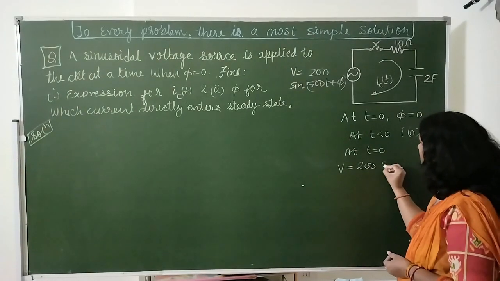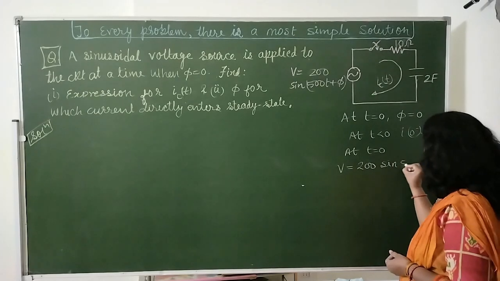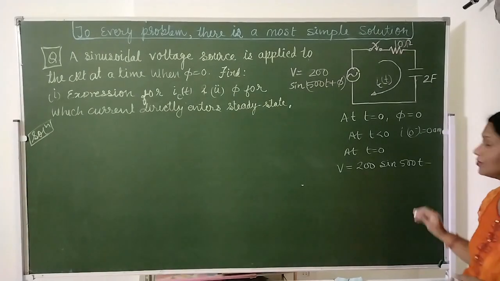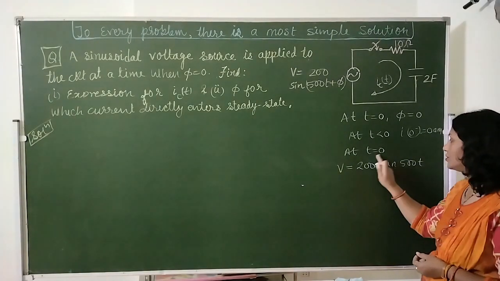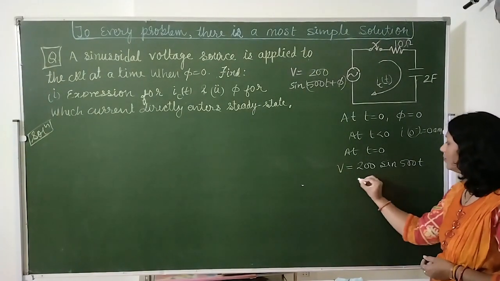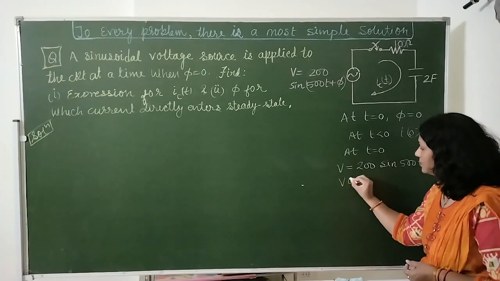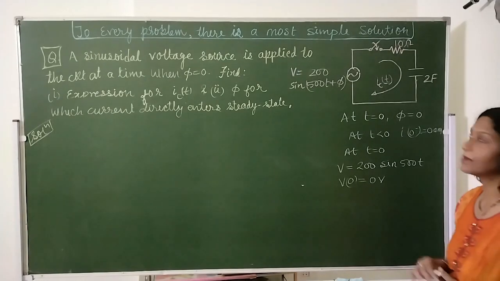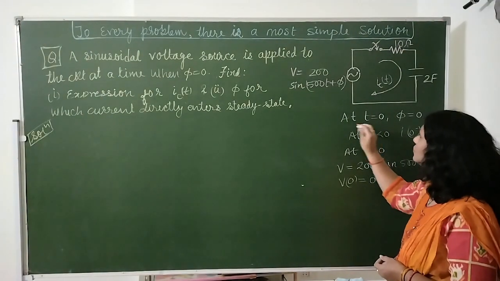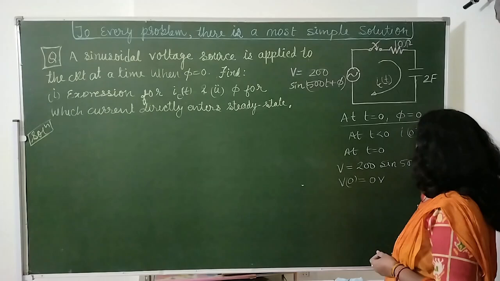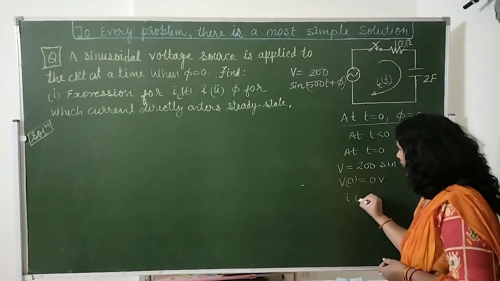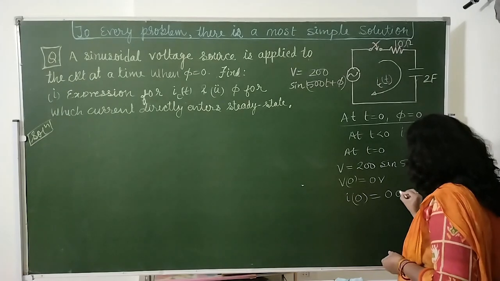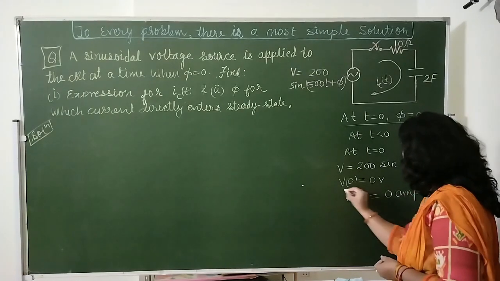That is 200 sin 500t, and phi is 0 here. t is also 0 because of this, so v(0) is equal to 0 volts. So no voltage is applied at time t equals 0 also. So the current at t equals 0 is 0 ampere.